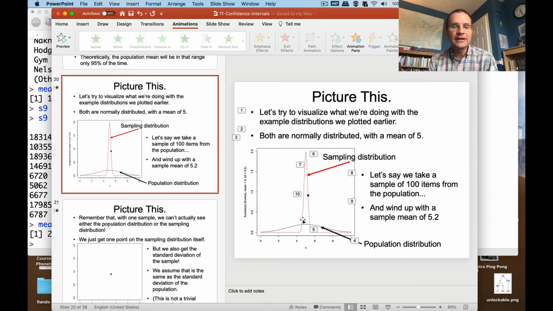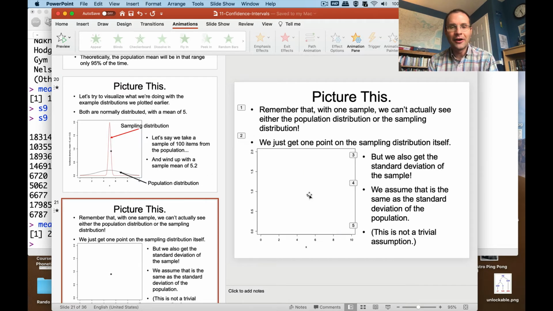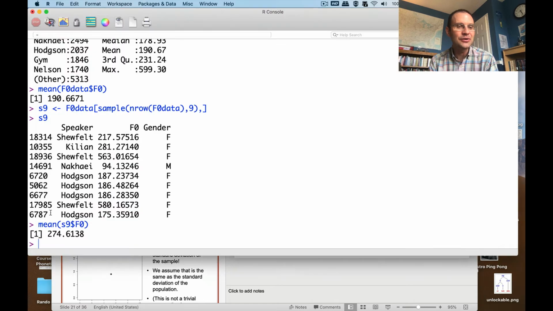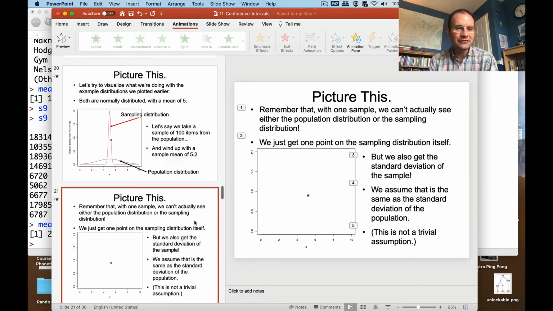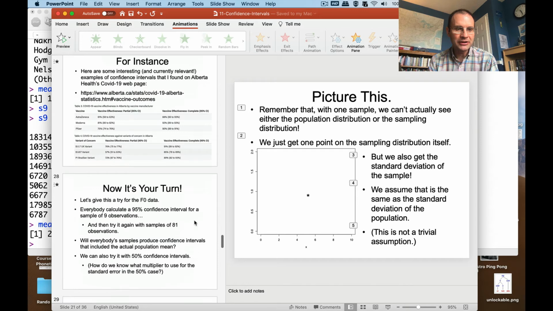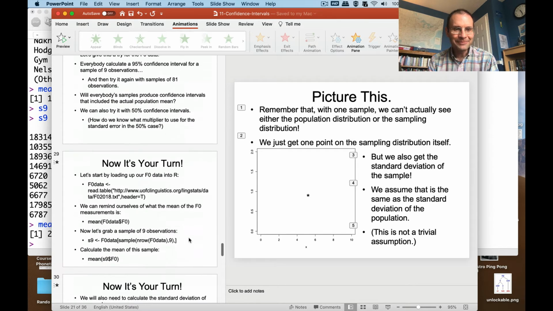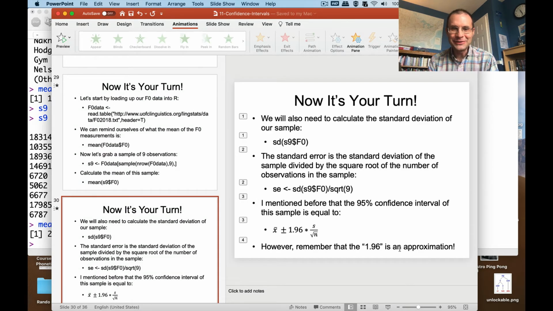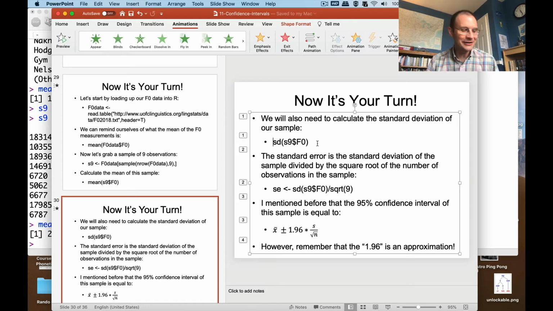But what we're getting is a population distribution mean of about 190. And then our sample mean, this little dot here, in this particular case is 274, which doesn't seem that close to 190. So maybe we will get a confidence interval that includes the population mean. Maybe we won't.